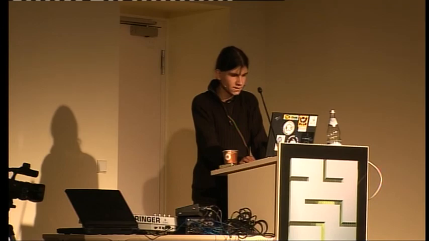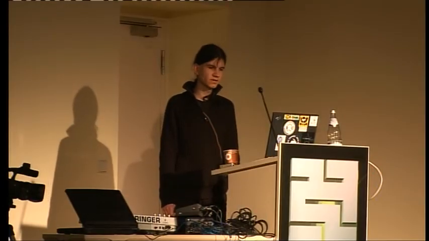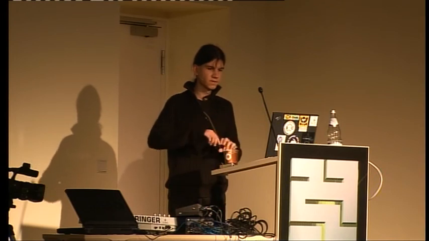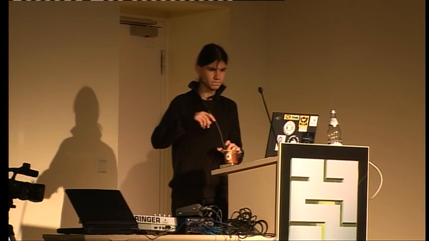The envelope generator has, in this version, 4 inputs: attack control, decay control, sustain and release control. The attack control adjusts how fast the tone is going to grow to a certain level.